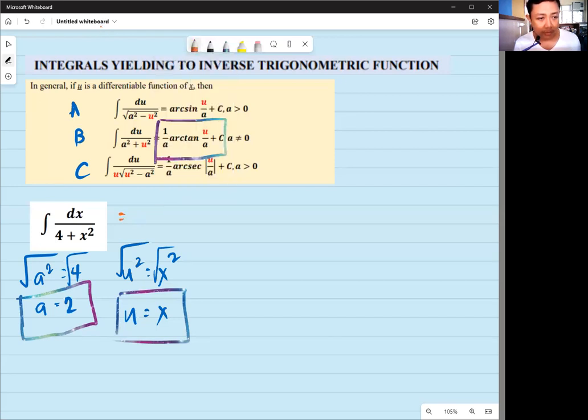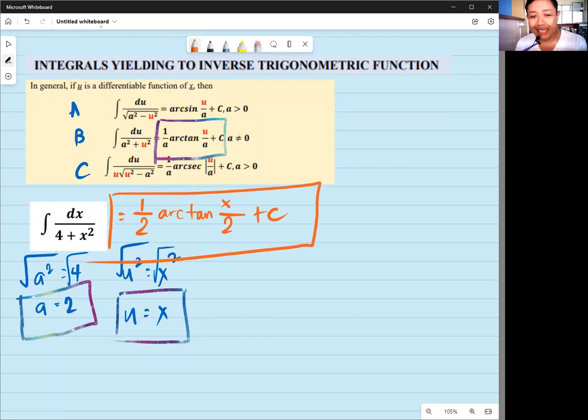This will be equal to 1 over A, and A is 2. Just substitute, and then arctan of U, which is X over A, which is 2, and then plus C. And you're done.